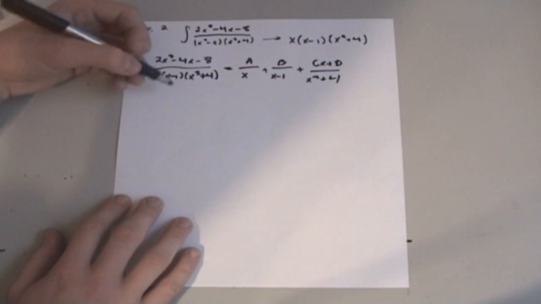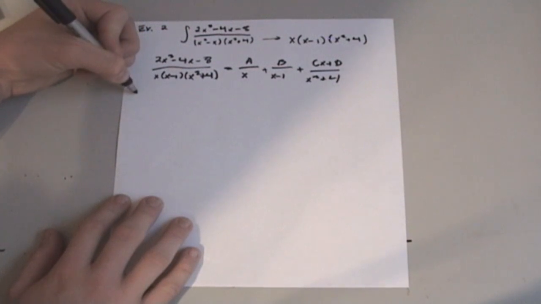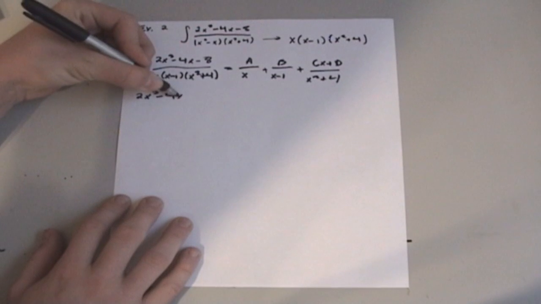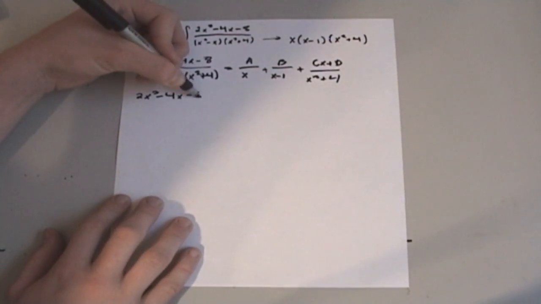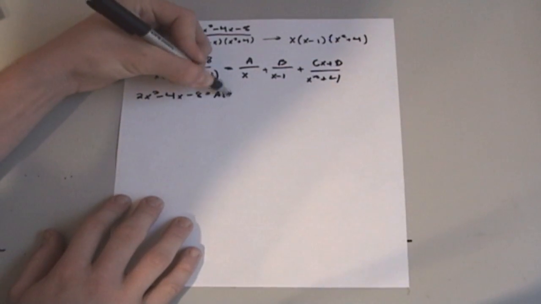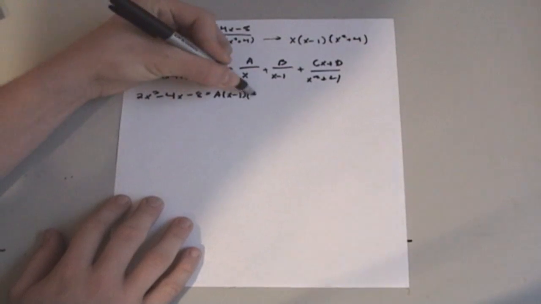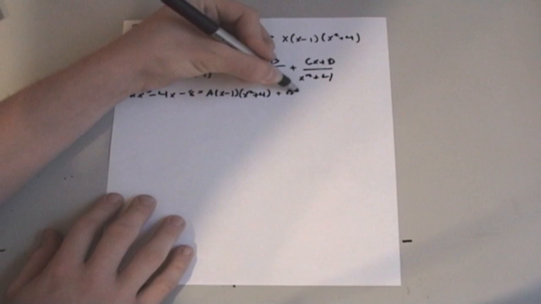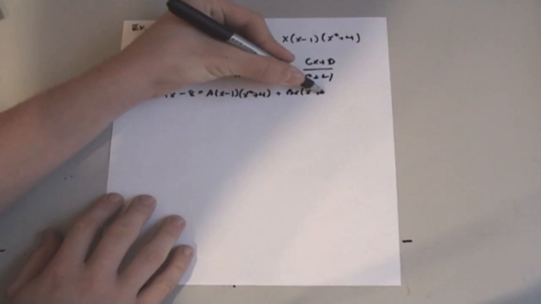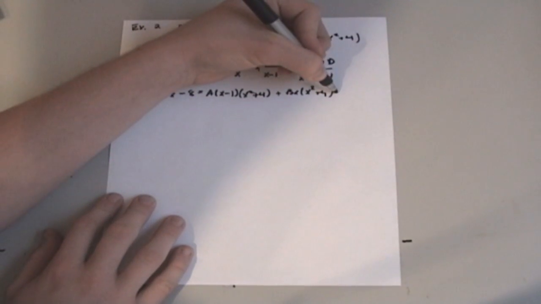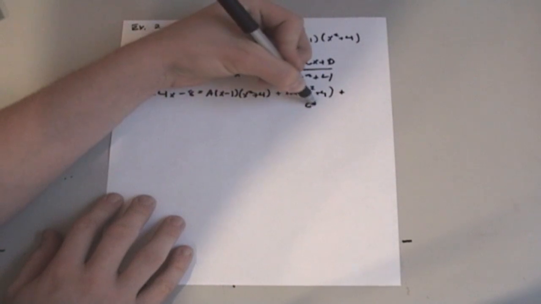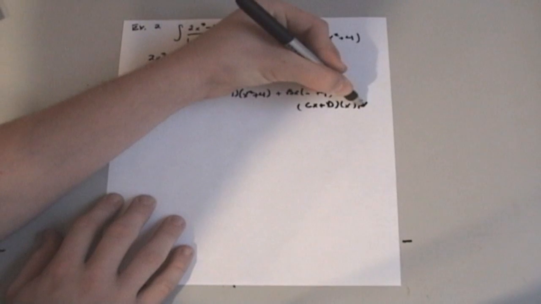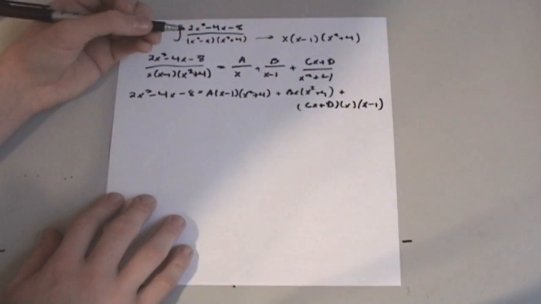When we simplify denominators, 2x cubed minus 4x minus 8 equals A times (x minus 1) times (x squared plus 4) plus Bx times (x squared plus 4) plus (Cx plus D) times (x minus 1).